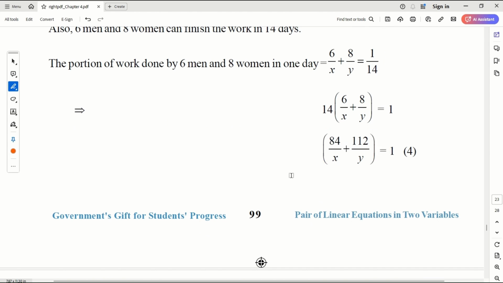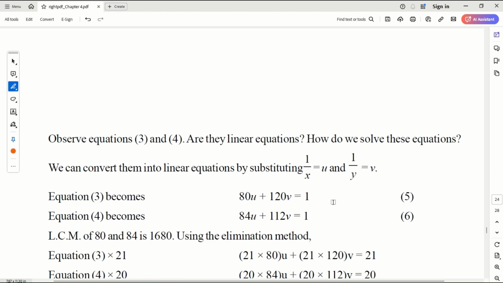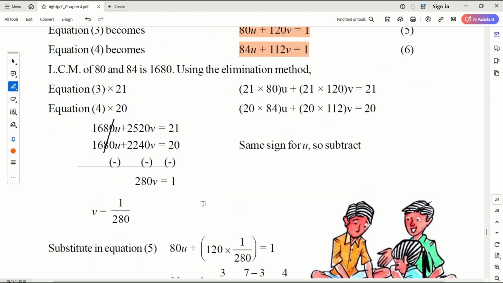So if these are your two equations, now you reduce them into linear equations. How? Let's call 1 by x equal to u and 1 by y equal to v. Then the equations will become 80u plus 120v equal to 1 and 84u plus 112v equal to 1. Now you use the elimination method to solve them.